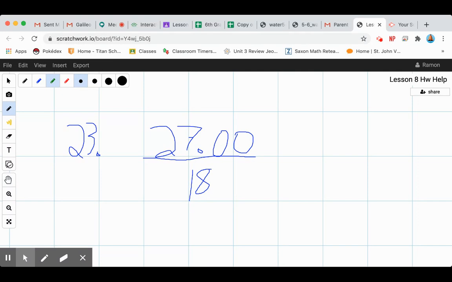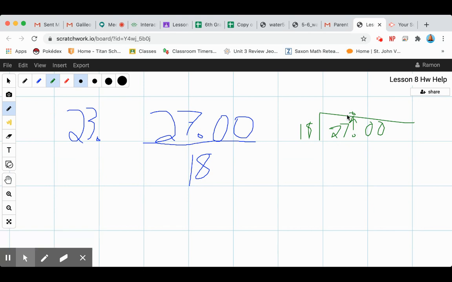For 23, a long division problem. It is in dollars, so our answer should be in dollars. But we're going to have 18 going into $27. And so remember that just like with the adding, we want to place the decimal above itself and then divide.